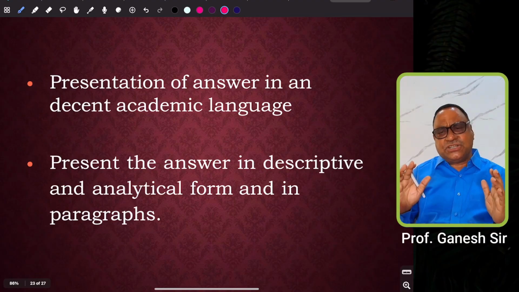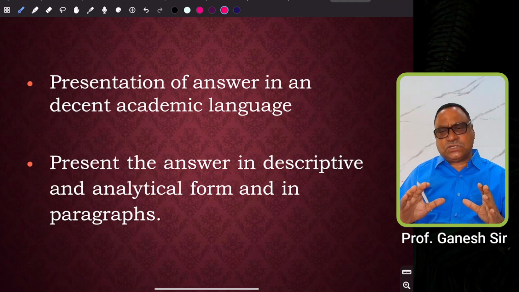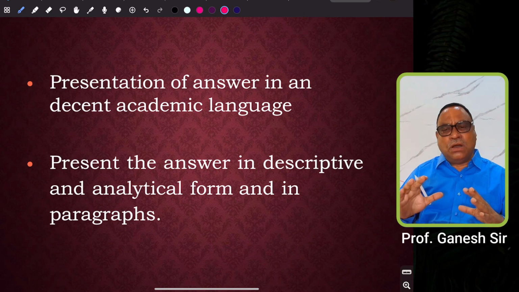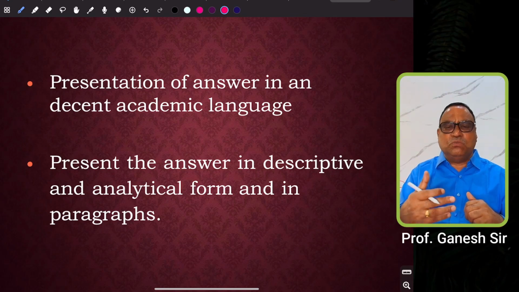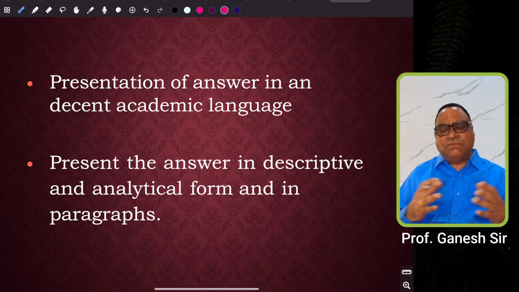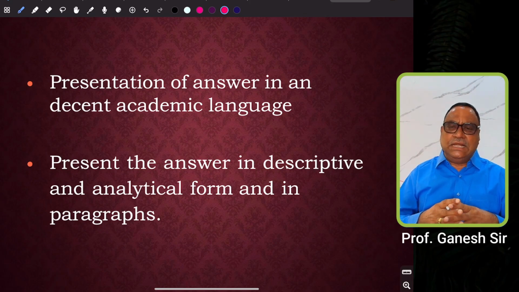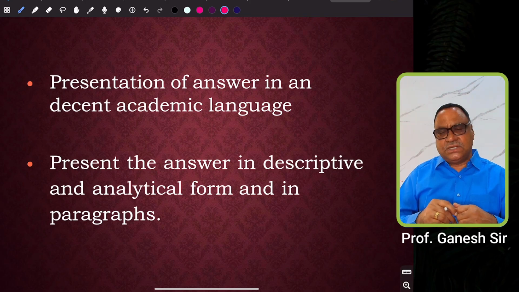Then presentation of the answer in decent academic language. A student is supposed to write the answer in academic language. Academic language is nothing but what the student picks up by going through certain standard books, as I told you, the books of certain prominent sociologists, which help the student to catch the sociological language. So they have to write the answer using such sociological language.